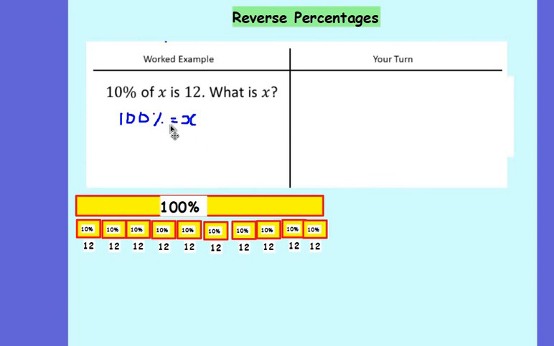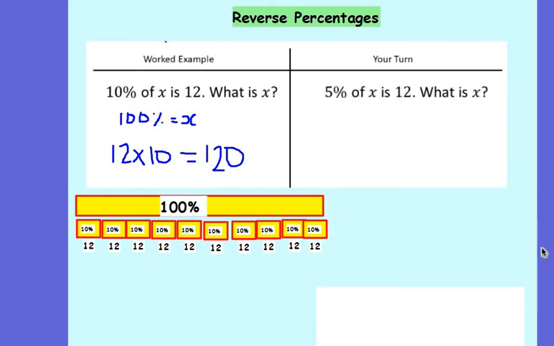So to work out what 100% of x is, we need to do each of those 12s added up 10 times, or 12 times 10, which tells us that x must be 120. Let's check it. Is 10% of 120 12? Yes, it is.